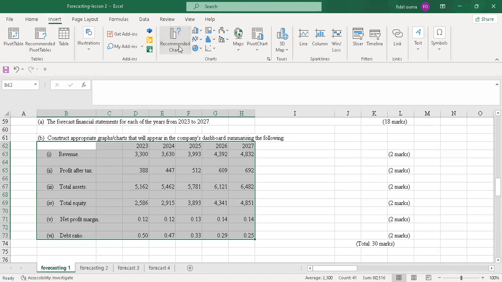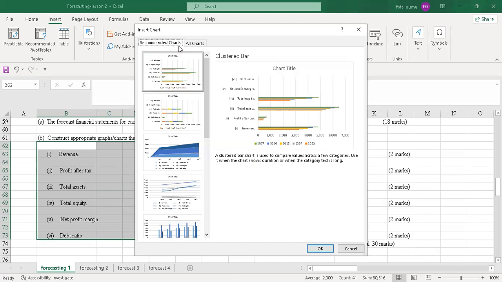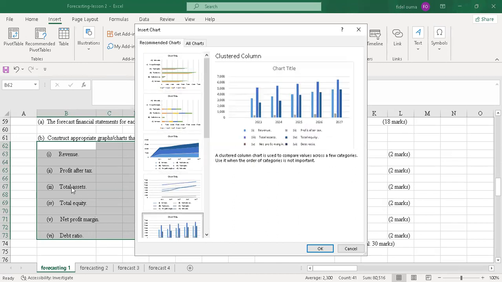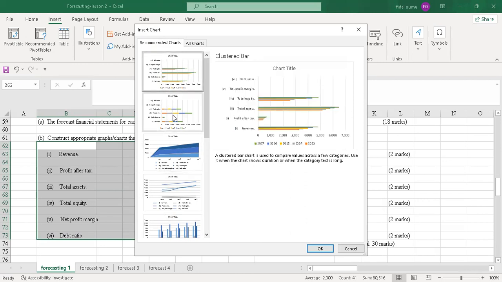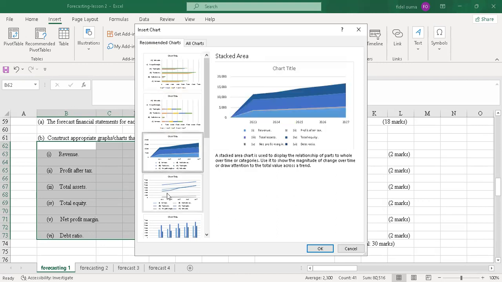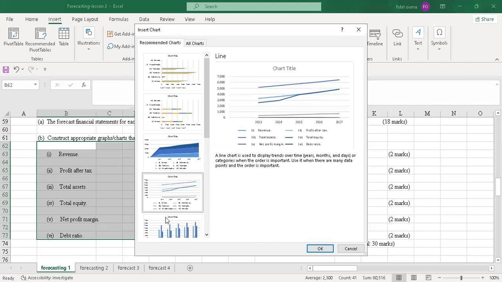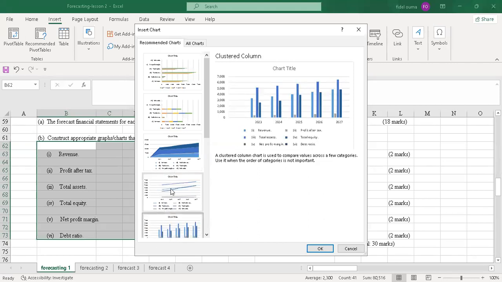They wanted a graph, stock charts. Yeah, so I can check. So I'll go with this. Let me see another one. Profit after tax, revenue. So you can choose any chart or graph.